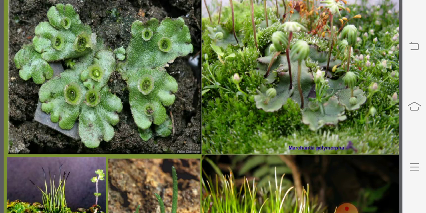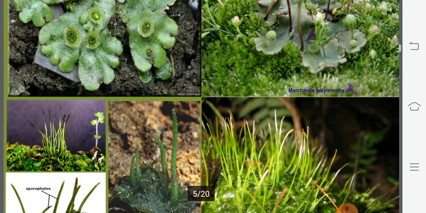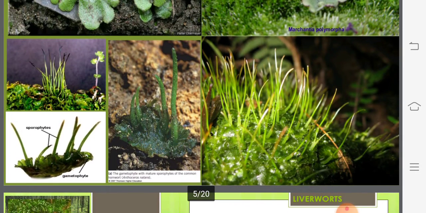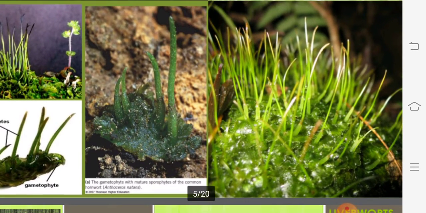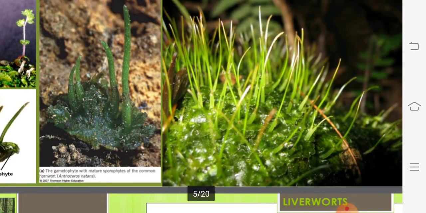These are the gemma cups of Marchantia, the antheridiophore of Marchantia polymorpha, umbrella-shaped structures. These are the sporophytes of Anthoceros. So these show the gametophytic condition and the sporophytic conditions in some moss species. Then these are the dehisced capsules.